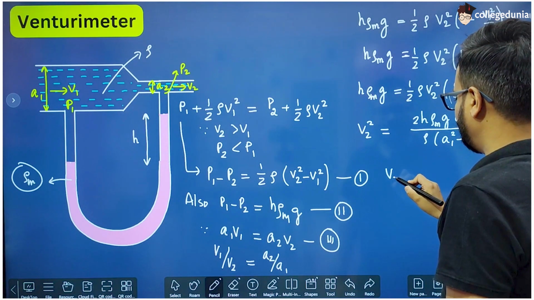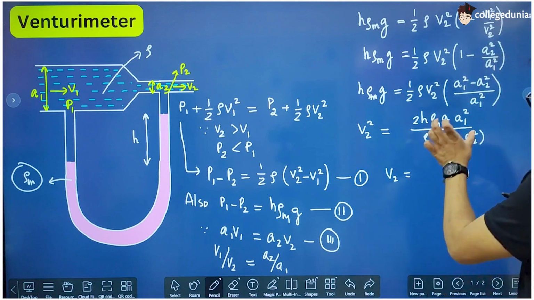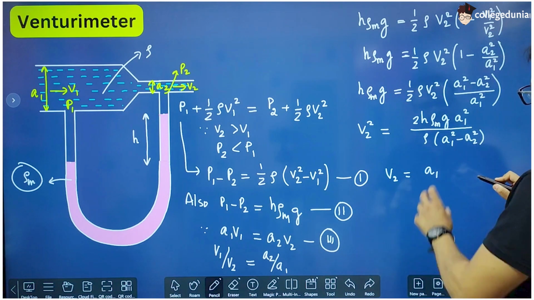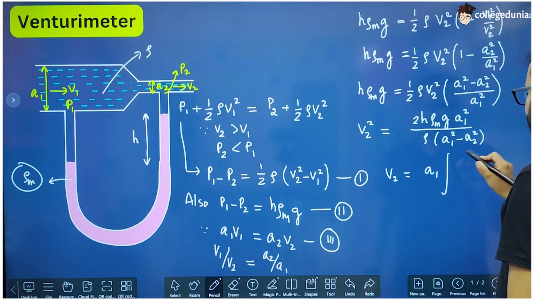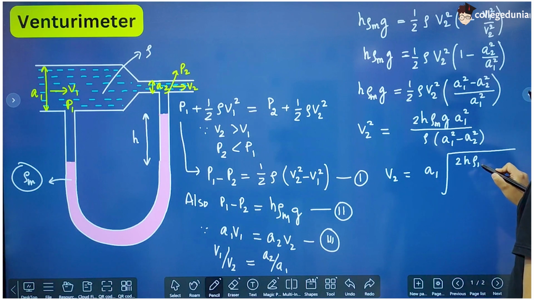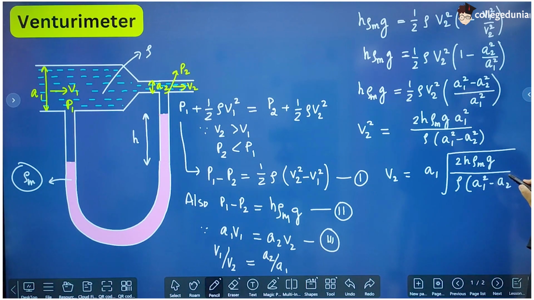And what is the value of V2? The value of V2 is the square root of this. So if we take the square root, A1 square is out of the square root, so it becomes A1 times the square root of 2 h rho m g divided by rho into A1 square minus A2 square, right?